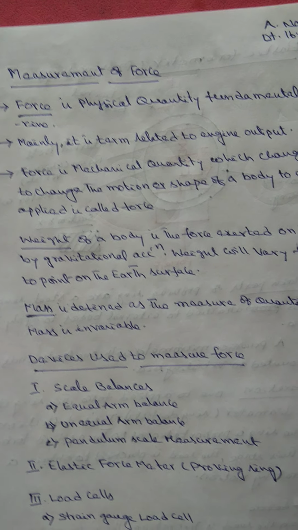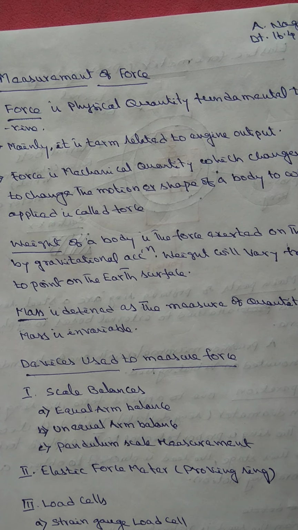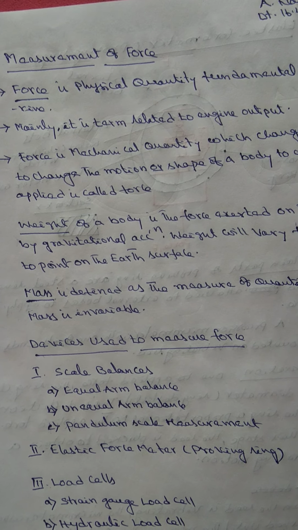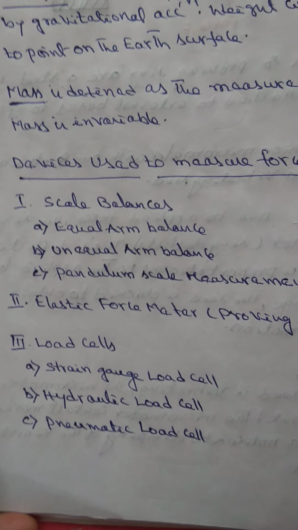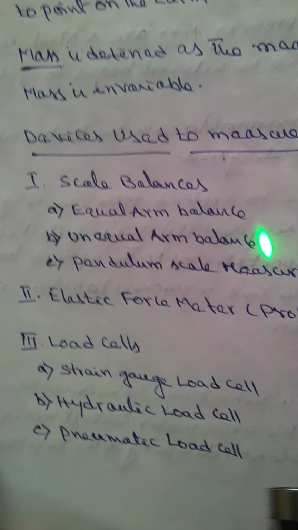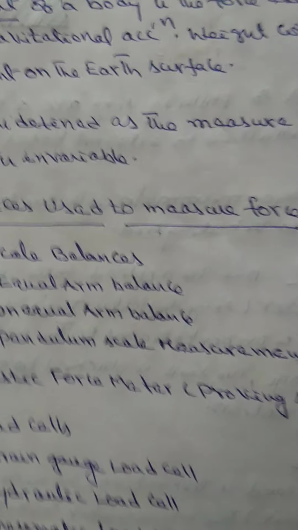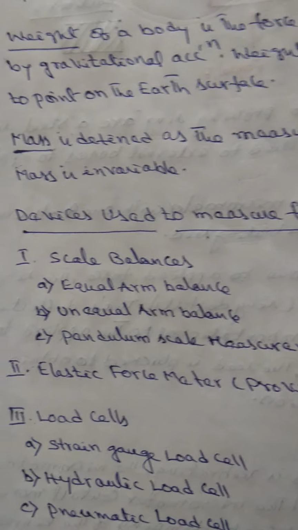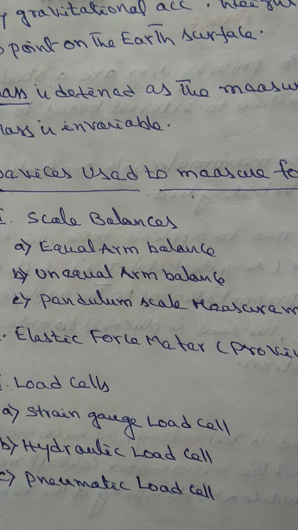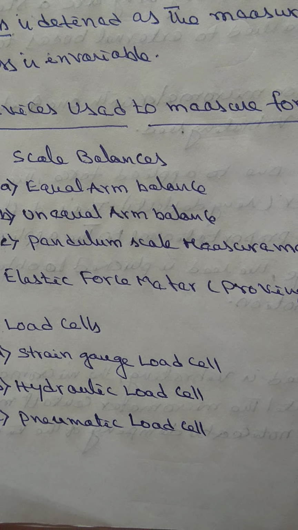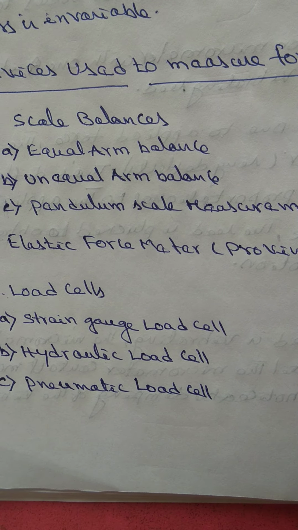Now, what are the devices used in the measurement of force? First one is scale balances, second is equilibrium balance, third is unequal arm balance, pendulum scale balance, elastic force balance. Another one is load cell: strain gauge load cell, hydraulic load cell, pneumatic load cell.